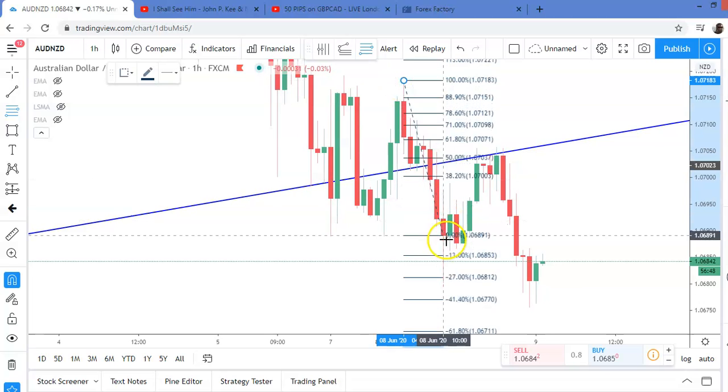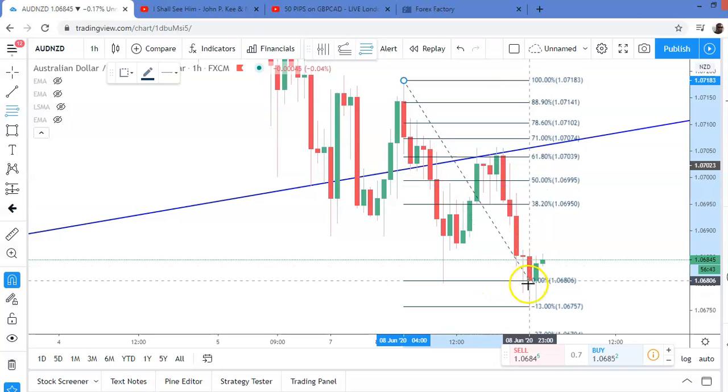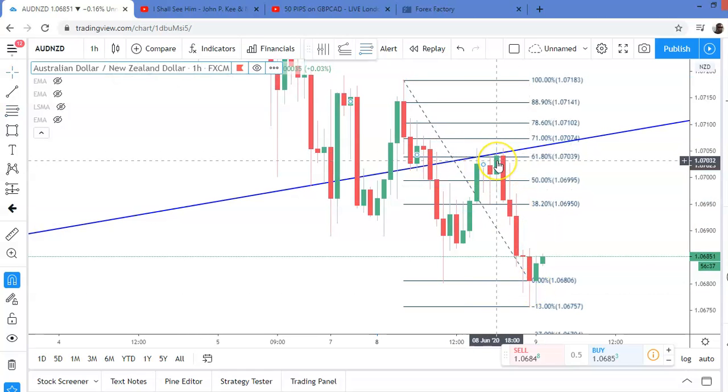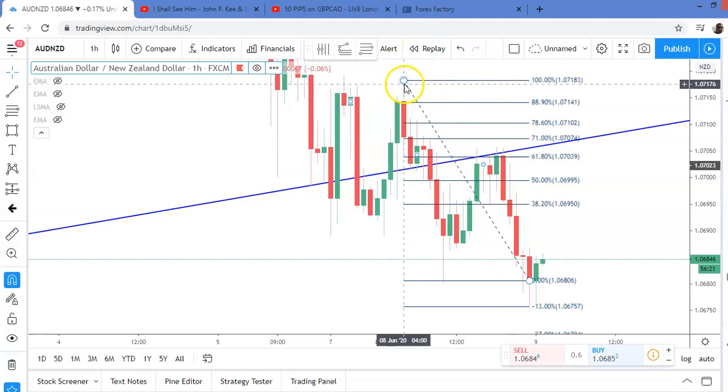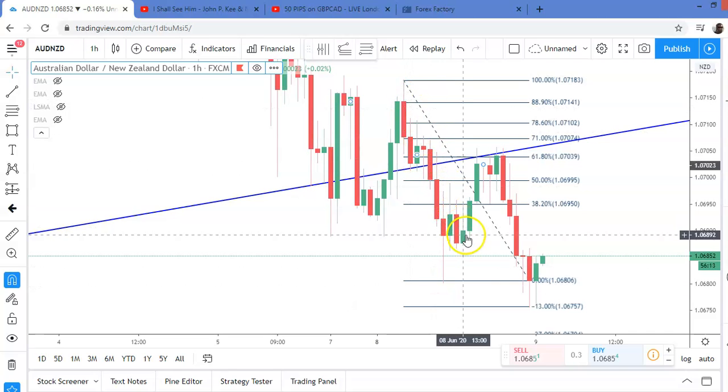First, I do a Fibonacci on the previous descent and retracement. And what did it do? It hit this 61% mark. So sidebar, one thing about price action: it always retraces. The market will not just trade and go in one direction forever. It always has to retrace. And whenever you have a straight line of descension or ascension for so long, you can always count on it retracing.